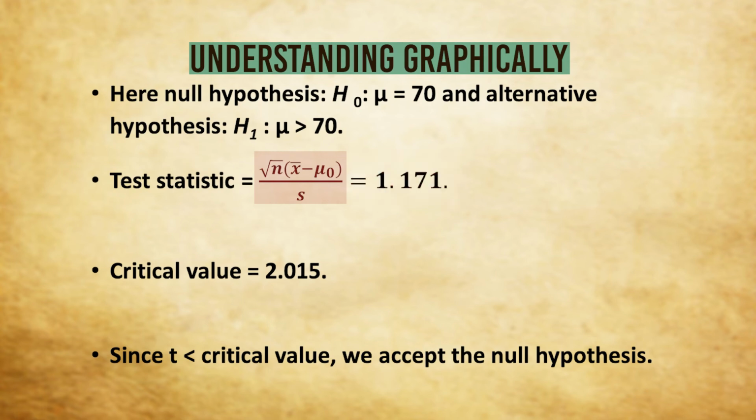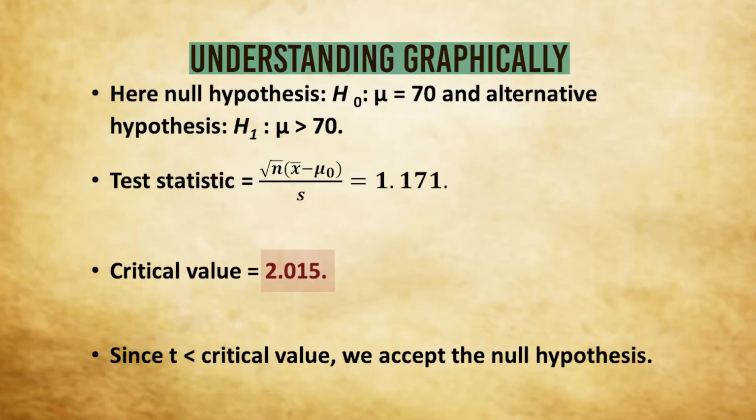N is the sample size, here it is 6, x bar we can compute, mu naught is 70 and the standard deviation is to be calculated. Now mind you, here s square is 1 by n minus 1 summation xi minus x bar whole square, not 1 by n. In connection with the t distribution, we said that we will take the sample variance as 1 by n minus 1 summation xi minus x bar whole square.